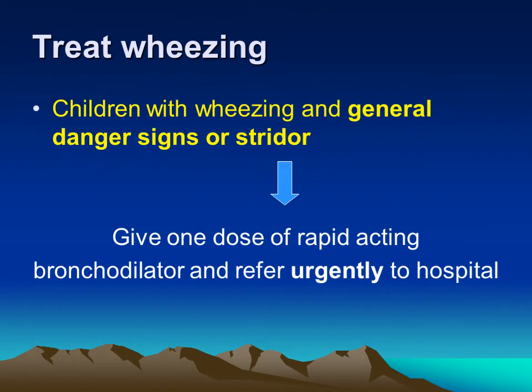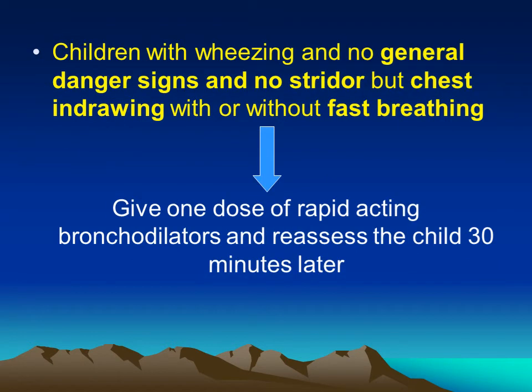Now, if the baby gets wheeze with other symptoms and signs, how can you manage him? Children with wheeze and a general danger sign or stridor: give 1 dose of rapid-acting bronchodilator and refer urgently to the hospital. So we can give him salbutamol with a nebulizer at the primary health center and refer him to the hospital because he has a general danger sign and very severe disease.